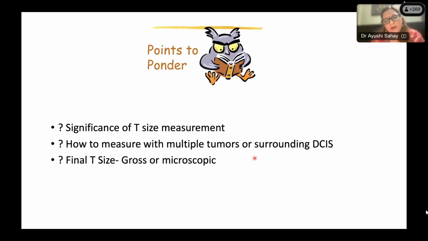Most of the time in the report, your gross size is the correct one, but if you take the sections properly in a grid manner, you can see whether the gross dimension was correct or if it needs to be altered. Sometimes you might need to alter the size under the microscope, and I will tell you how.